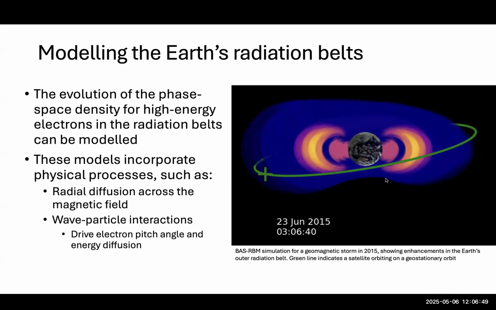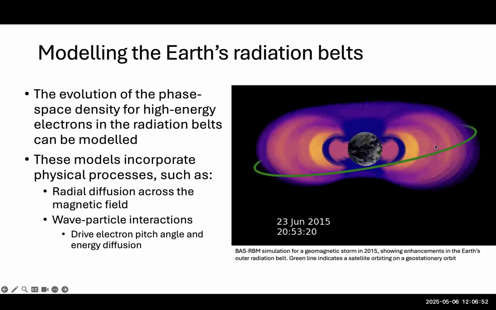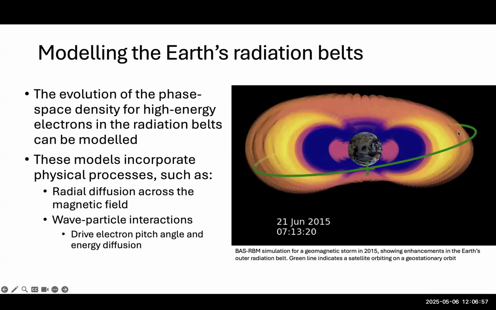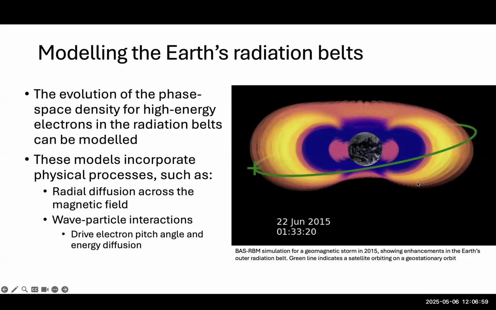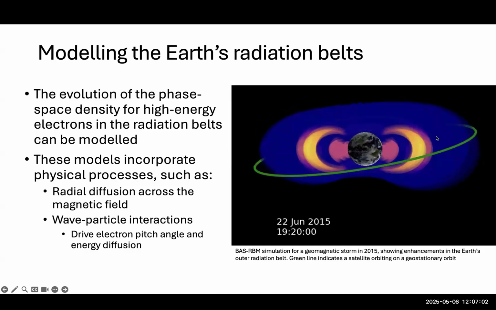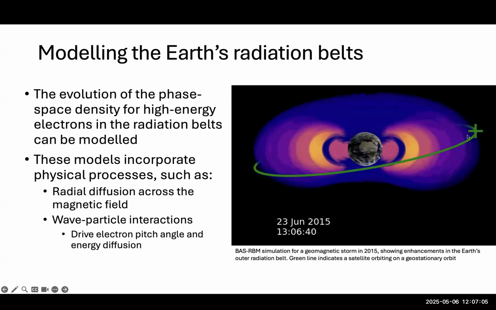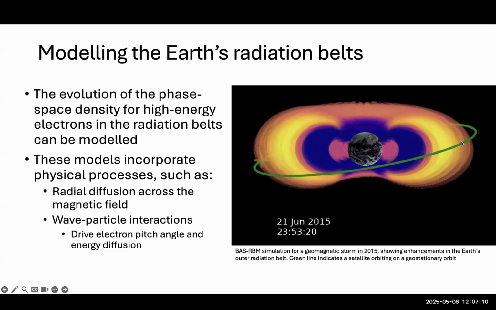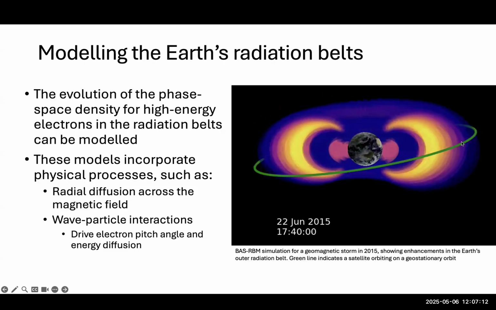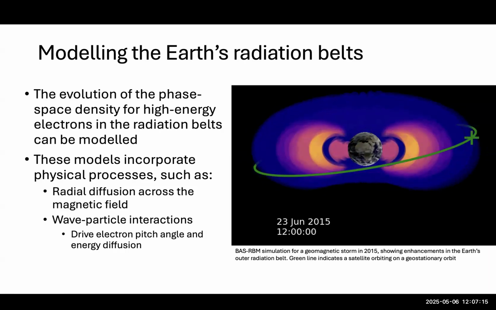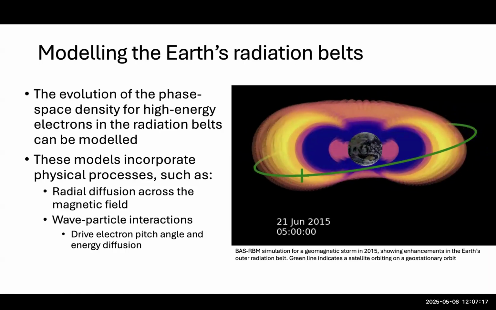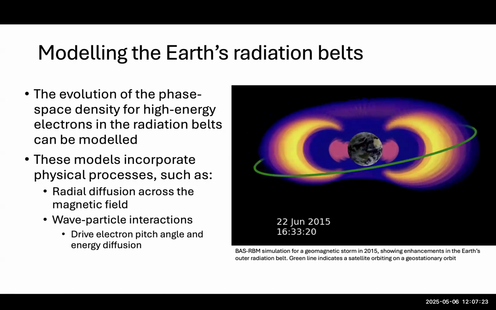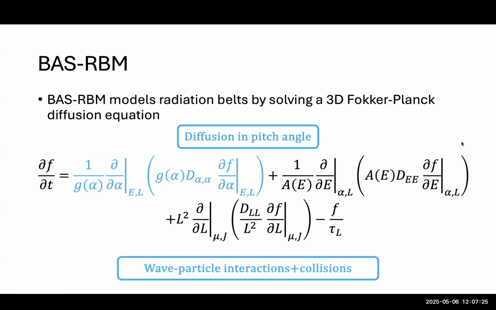And here's a nice little demonstration of the BAS RBM. You can see when an enhancement occurs, it gets brighter and encompasses the geostationary orbit of this satellite. This is why we're interested in understanding the radiation belts, especially the outer radiation belt, to protect these geostationary satellites.